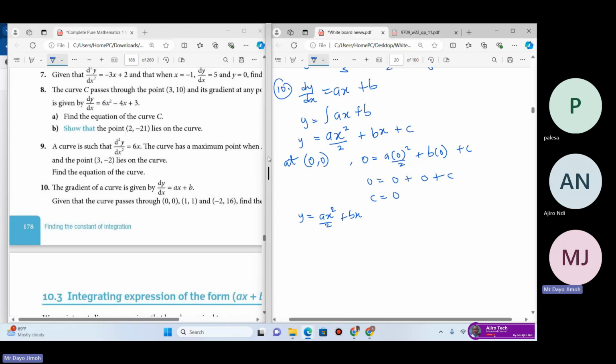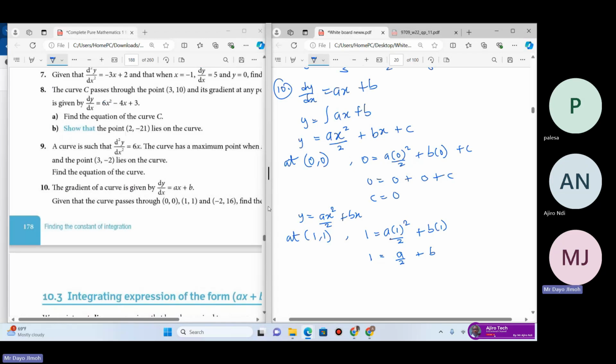Then the next point at 1, 1. You have y is 1. You don't want to use the earlier one anymore, so you use this one: a times 1 squared over 2 plus b times 1. So you have 1 equals a over 2 plus b.